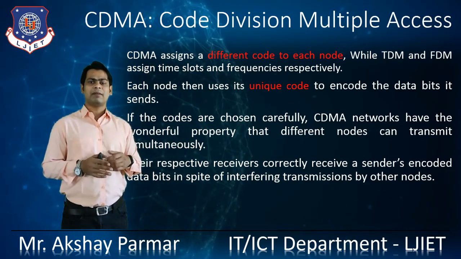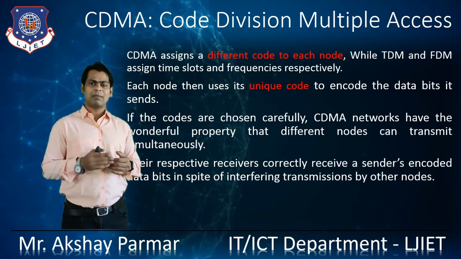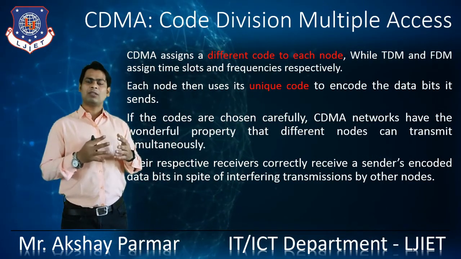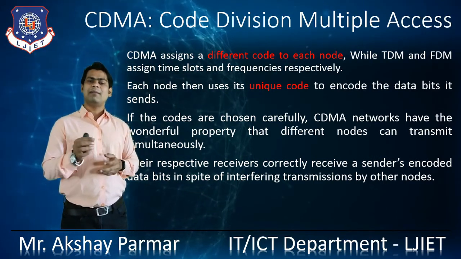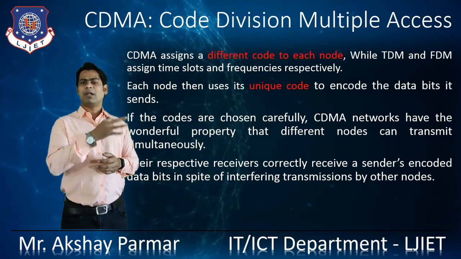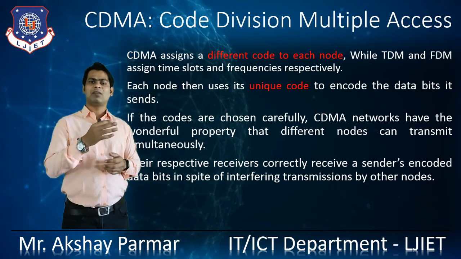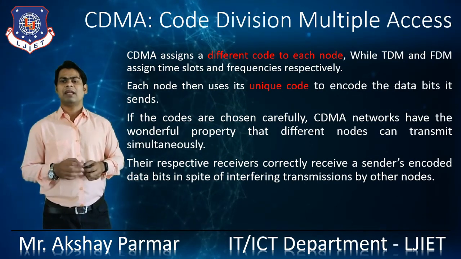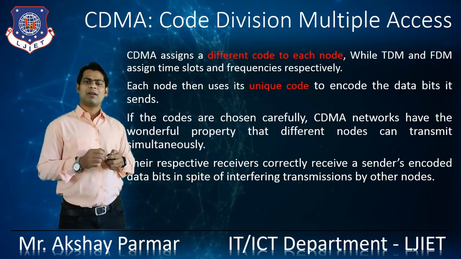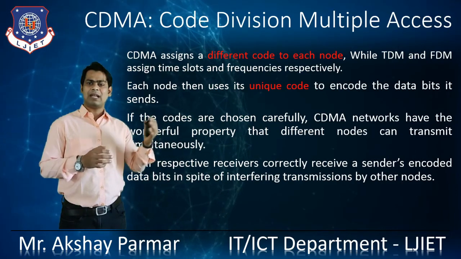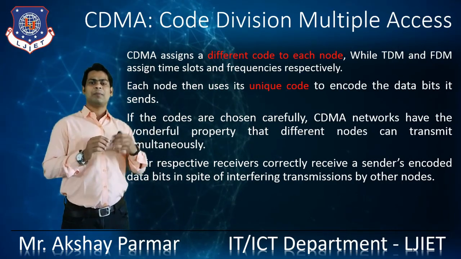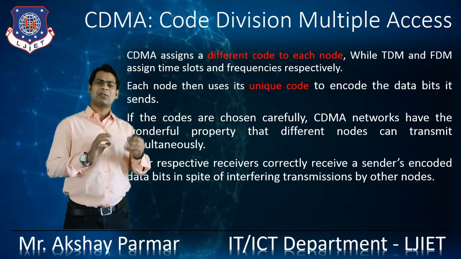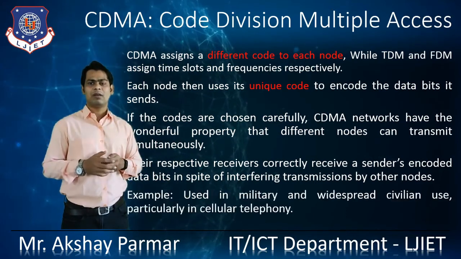But in code division multiple access, if the codes are chosen carefully, different nodes can transmit data simultaneously. The respective receiver correctly receives the sender's encoded data bits in spite of interfering transmissions by other nodes, right?